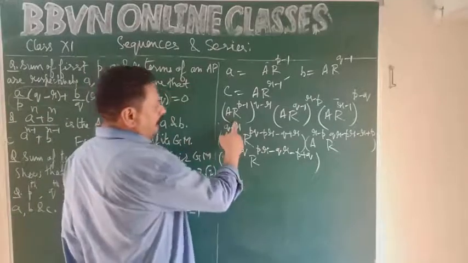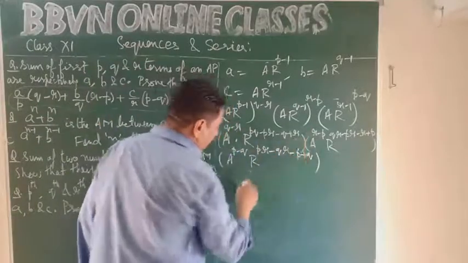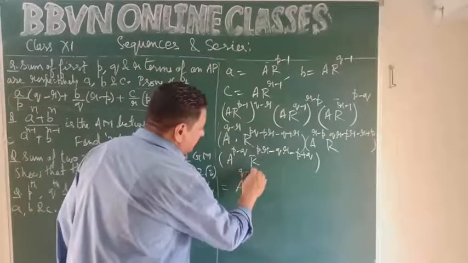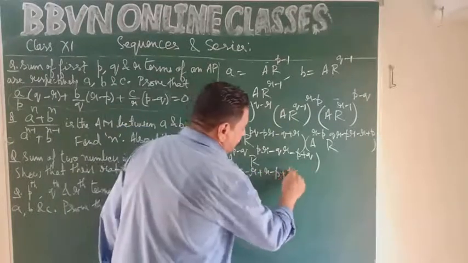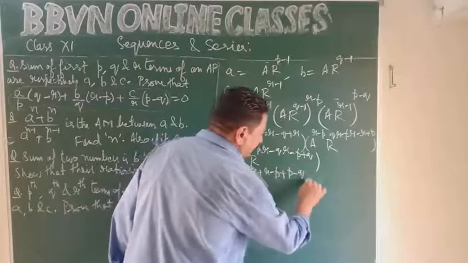So A to the power q minus r into A to the power r minus p becomes A to the power q minus r plus r minus p plus p minus q, into r to the power.